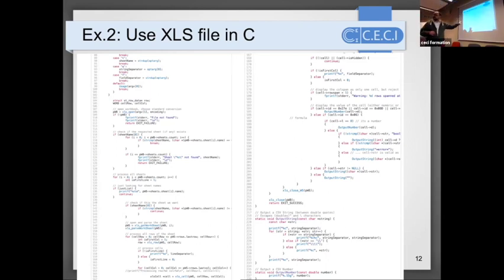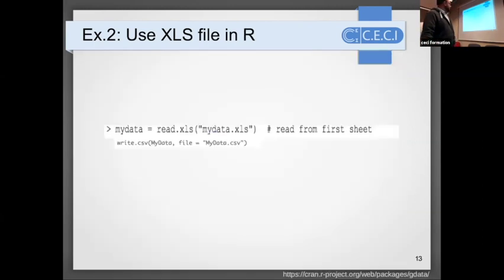The code that you see here is not the code to actually open and read the file, but it's the code to get the content of the file using the library and then writing it in a CSV file, the comma separated value files. So you see again a few hundred lines, and this is how you do it in R. Simply because there are a lot of implementation details that are hidden from you, and you don't have to worry about it.